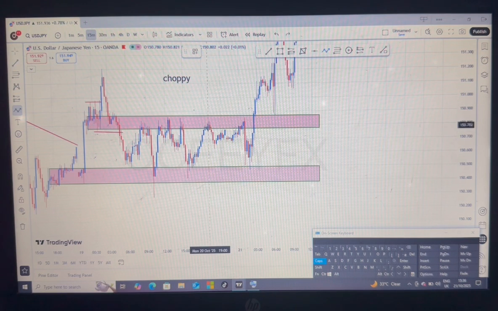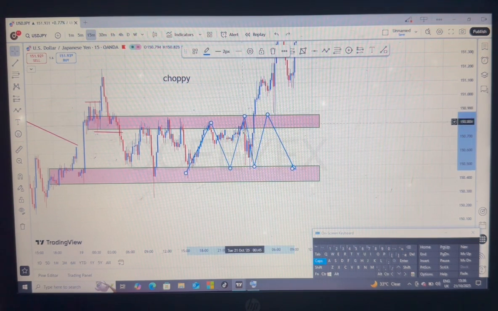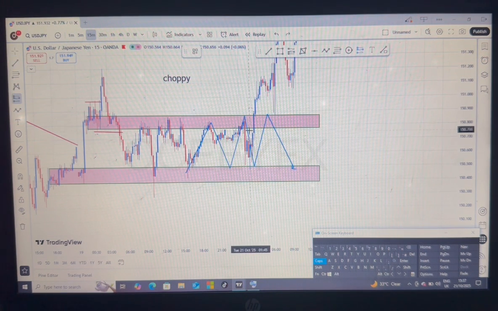You might be thinking when the market goes up, it's going to come down. When it goes up again, it's going to come down. What happened here? When the market got down here, if you placed your entry here saying the market is going to go back up, let me show you what happened.